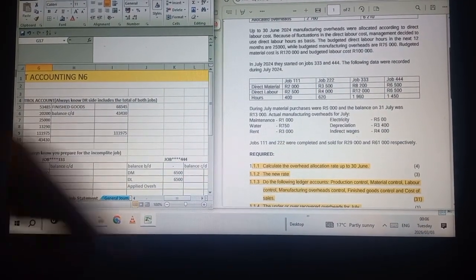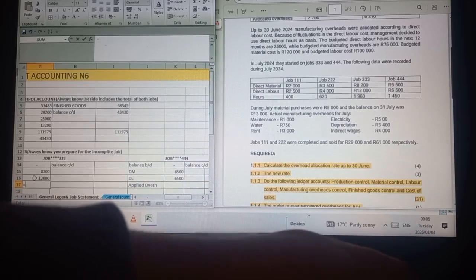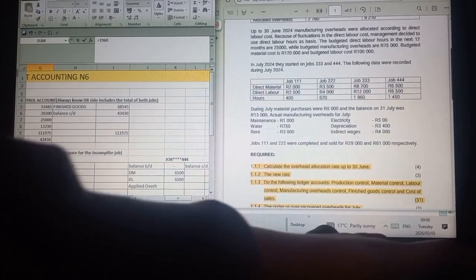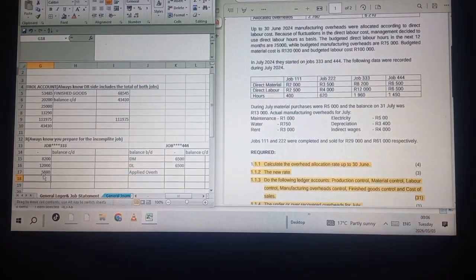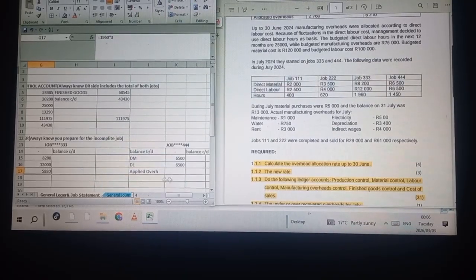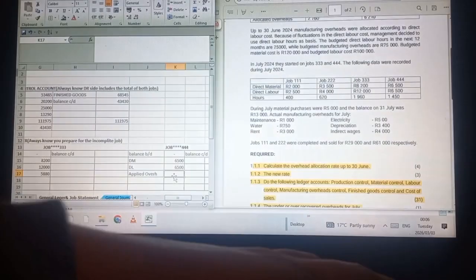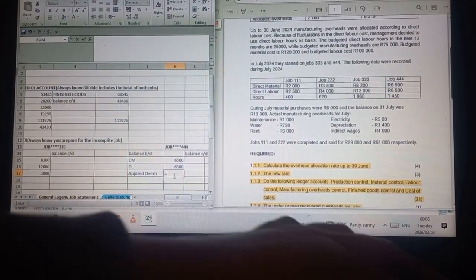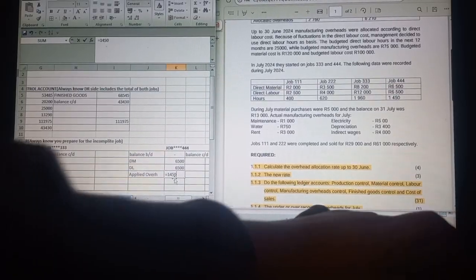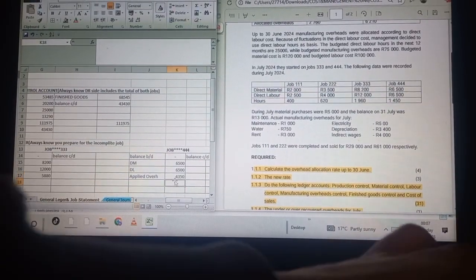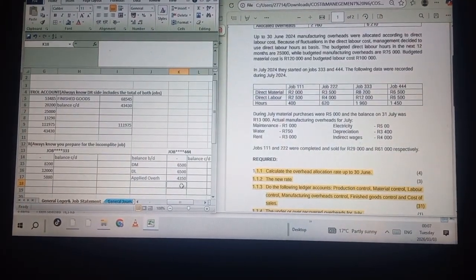You get 5,880. And then also for job 444, 1,450 times 3 that you already calculated. You get your 4,350.